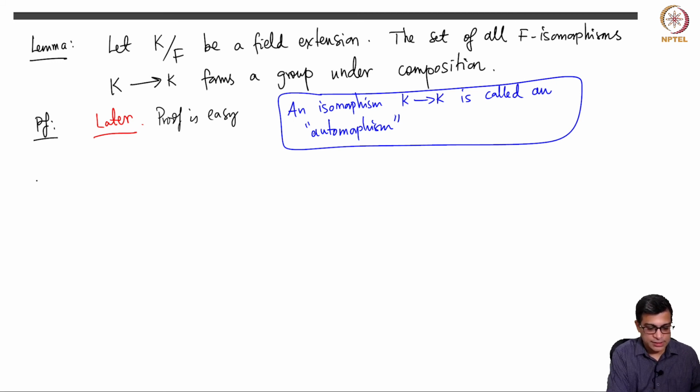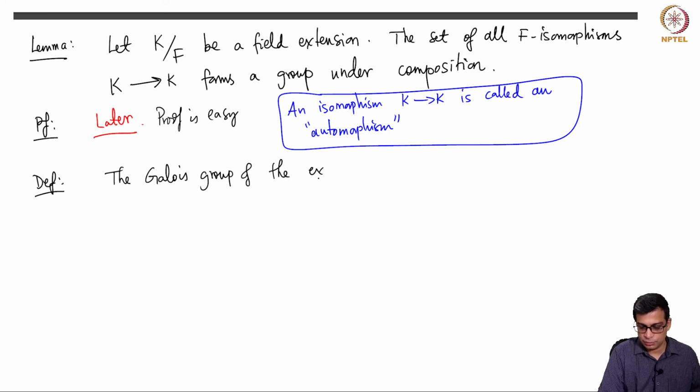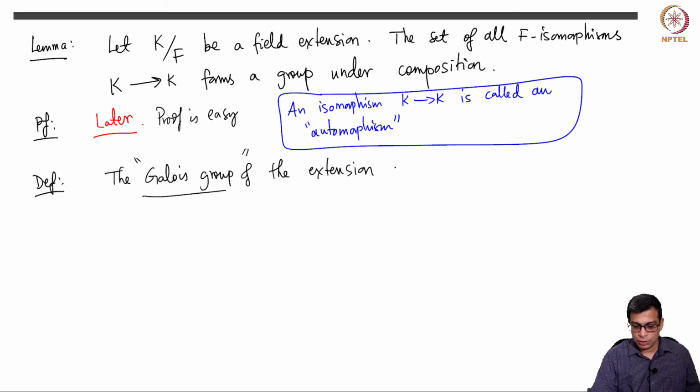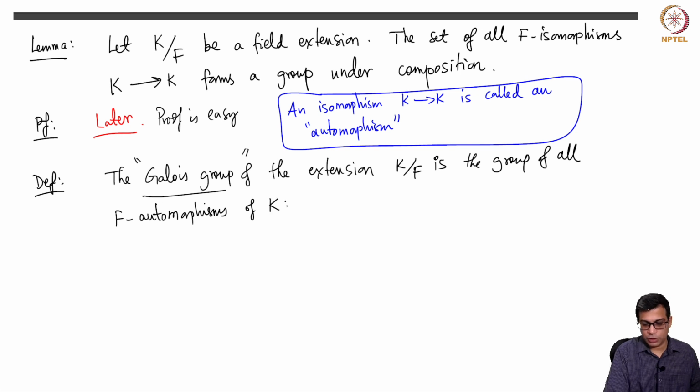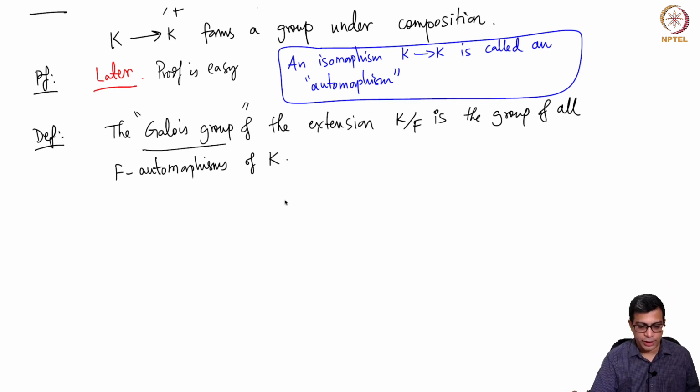So the point is, now this is the most important definition for us. The Galois group of the extension K over F is the group of all F automorphisms of K. Okay, so the lemma says that they form a group, and that group is called the Galois group of the extension.